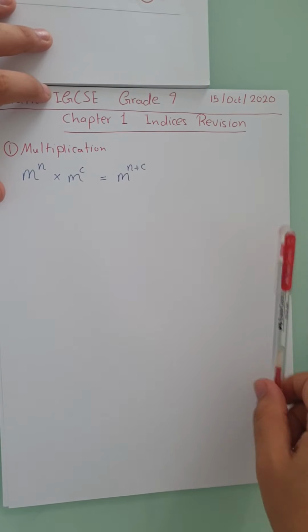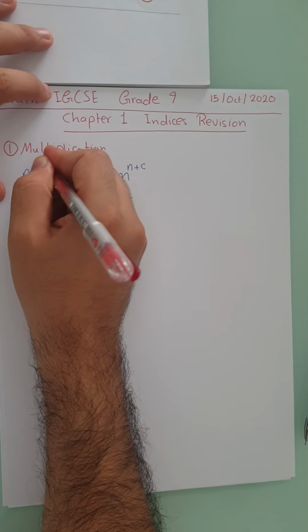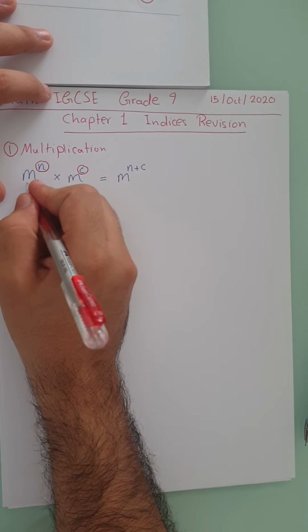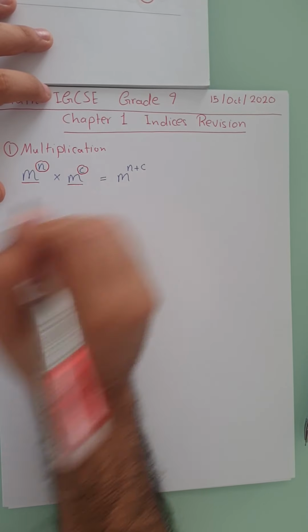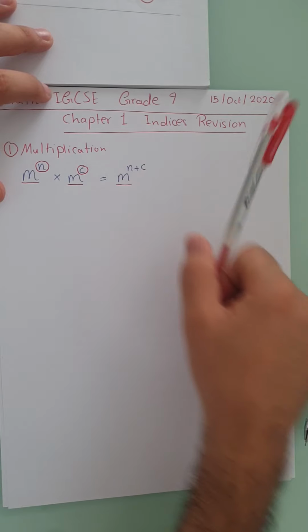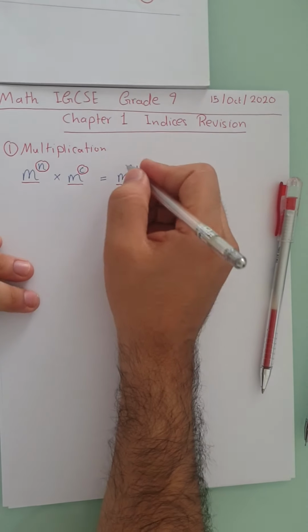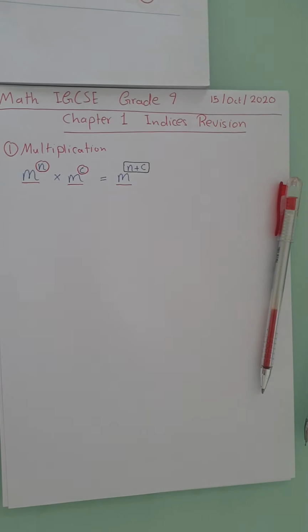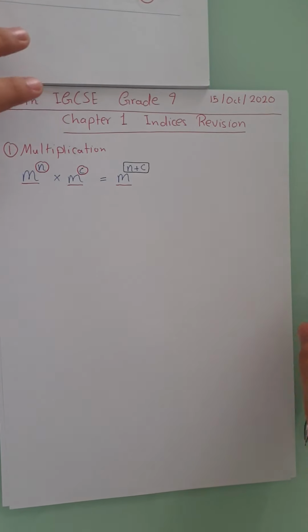That means n here is the power, the c here is the power. If I have the same base m, I'll write the same base and then I will add the powers, which is n plus c. This is the first rule.